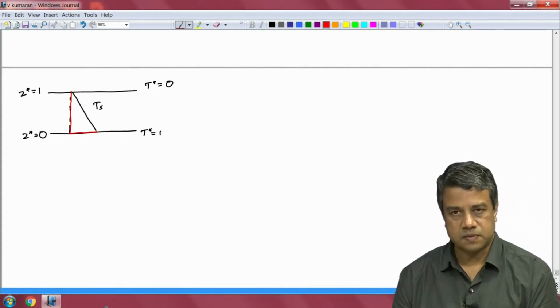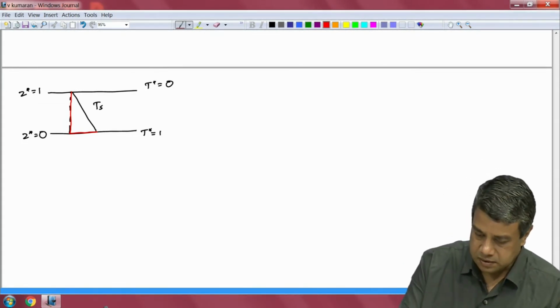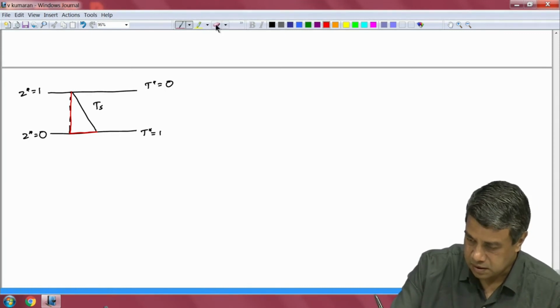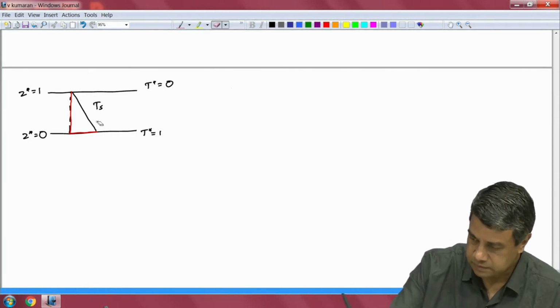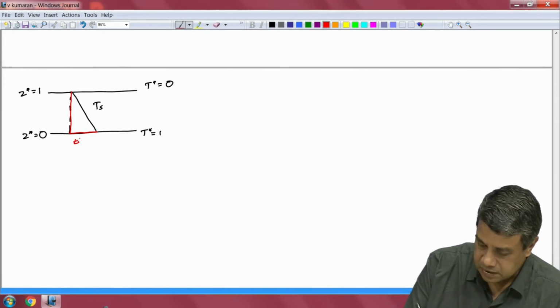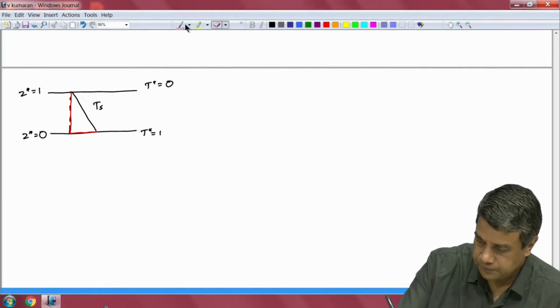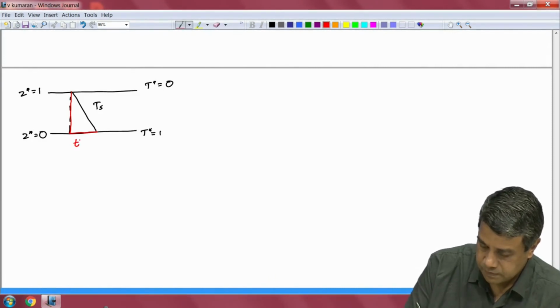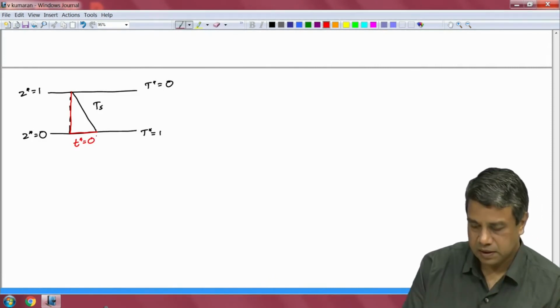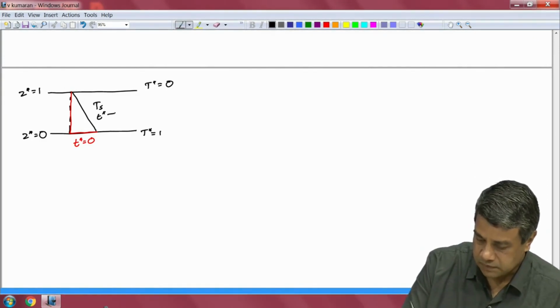So, it is basically a step function. So, this is the initial temperature. This is at T star equal to 0, this is the temperature. And this is for T star going to infinity.